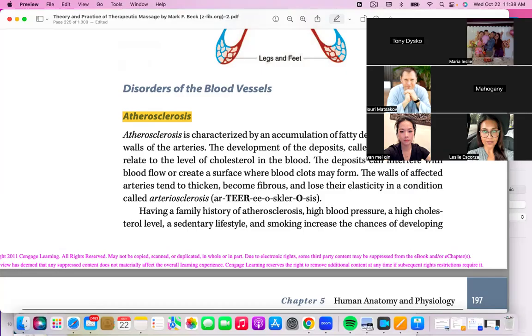It's like a plaque, we call it. It attaches to the wall and narrows the diameter of the artery. The development of the deposit called plaque seems to relate to the level of cholesterol in the blood. Plaque, cholesterol.